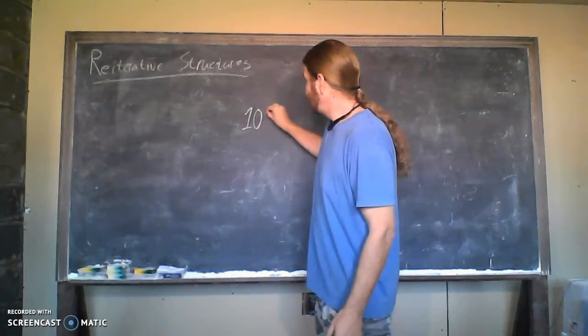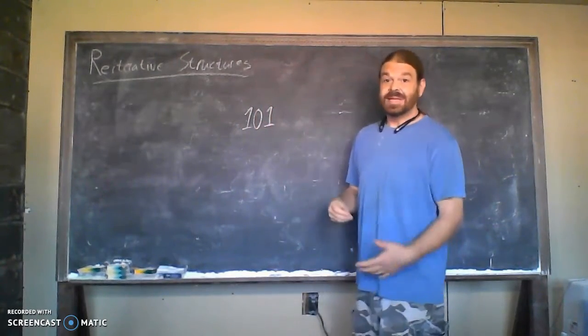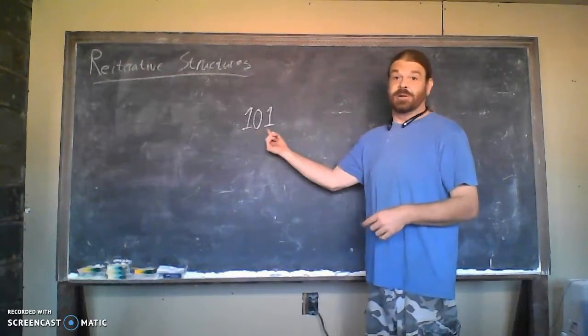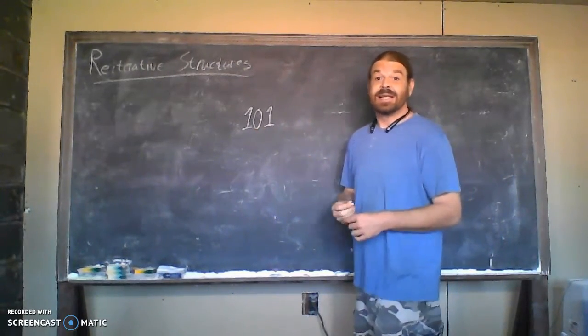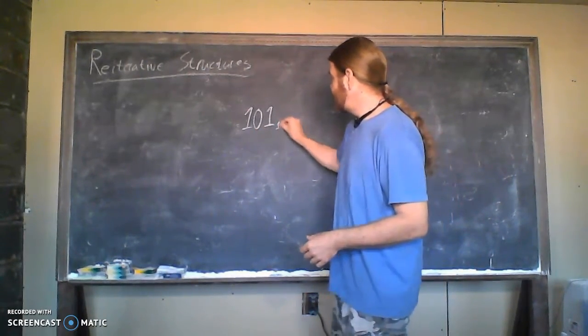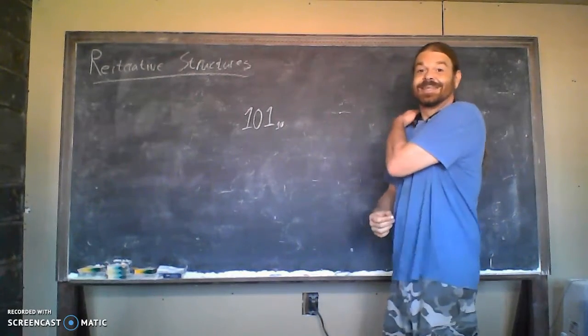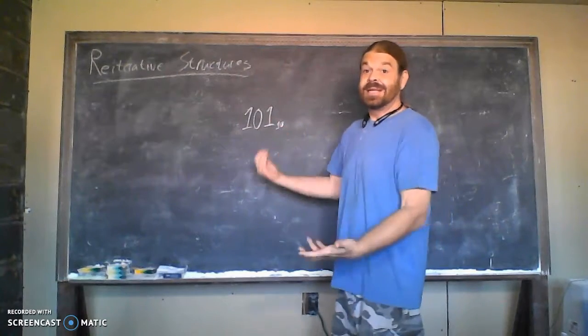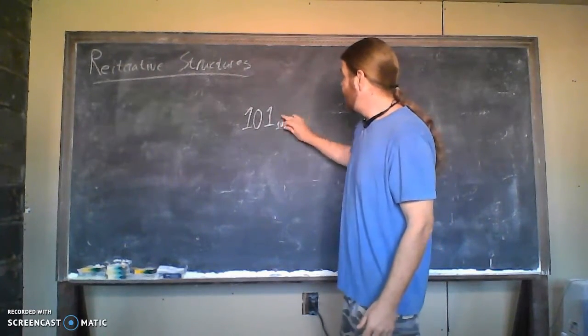So like 101 isn't that big of a number, right? It's barely reached 3 digits in base 10. 101 base 10, since we've talked about that. It's barely reached 3 digits, so it's not that big of a number.